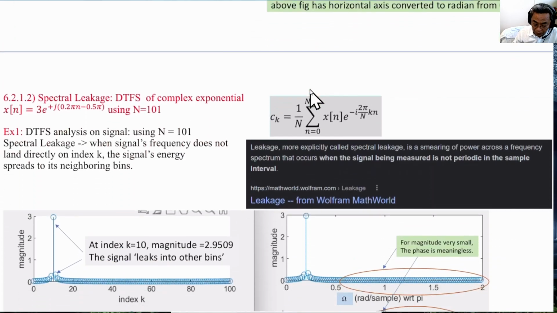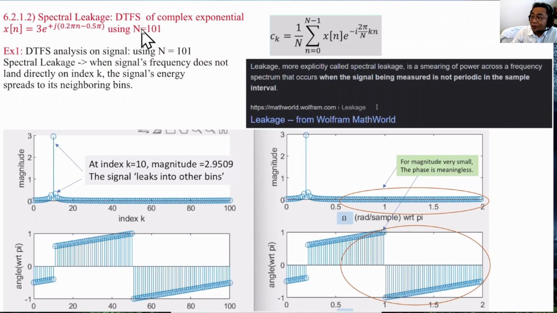Now, we're going to do something slightly different. We're going to use N equals 101 now. You realize that something strange will happen when we go from N equals 100 to 101 for this particular complex exponential.